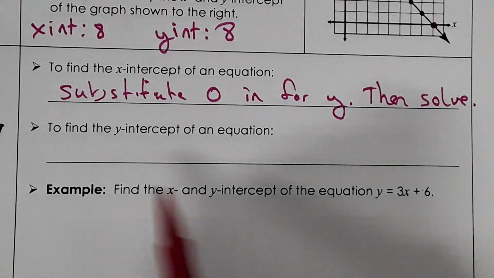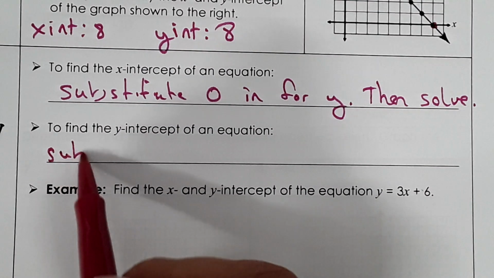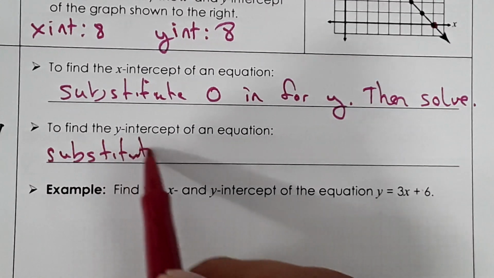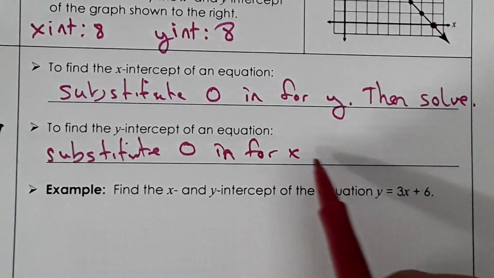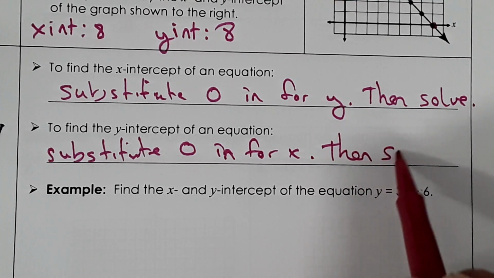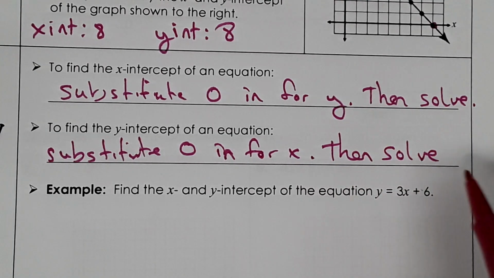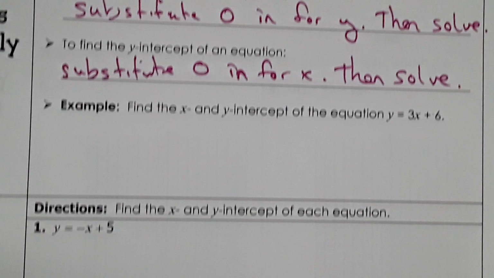If you want to find the y-intercept of an equation, you're going to substitute 0 in for x, and then solve for y. I'll show you what I mean.